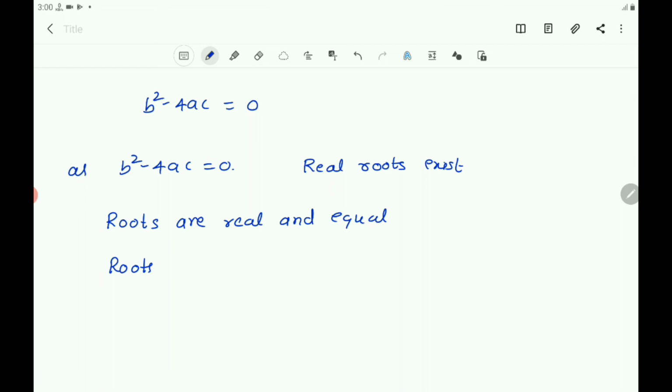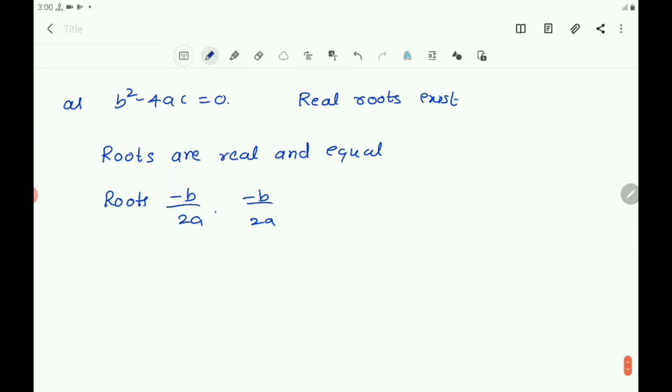To find the roots in this case, it is not required to write the quadratic formula. If b square minus 4ac equals 0, then the roots are minus b by 2a, minus b by 2a.